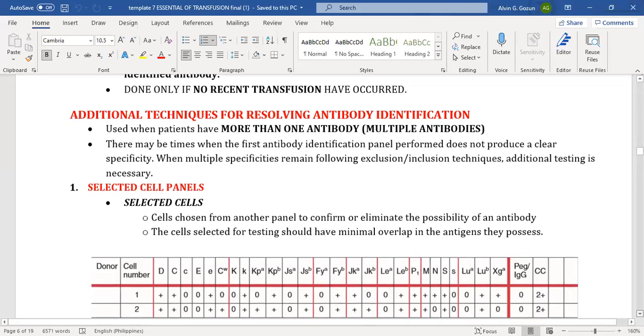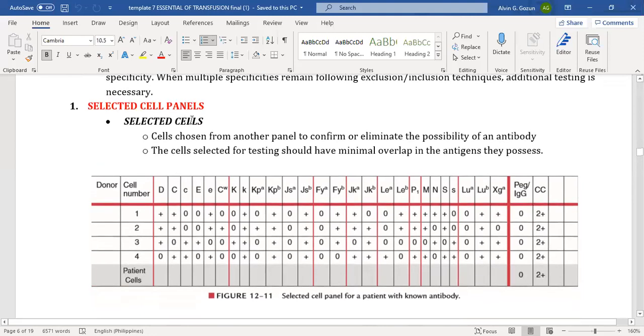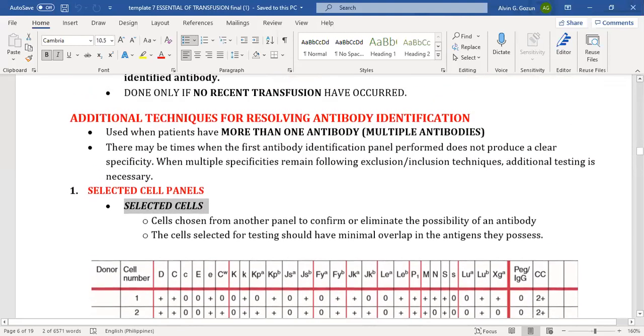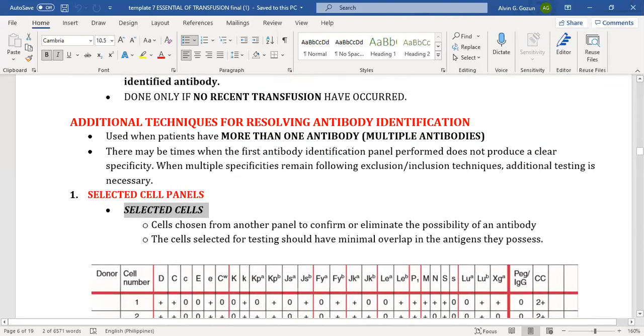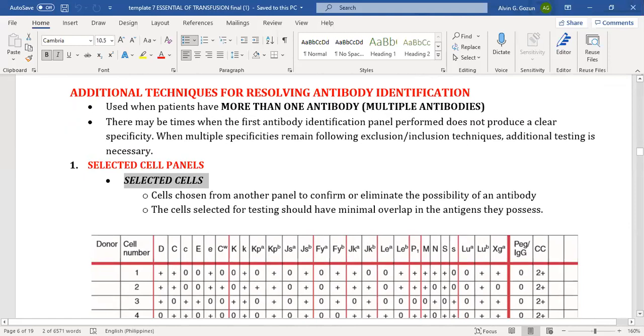So ano yung number 1? Selected cell panels, okay? Ano tong selected cell panels? Ibig sabihin guys, we should select cells. Ito yung mga additional techniques para mas ma-resolve pa natin ang antibody identification. Kailan tayo mag-add ng technique? When yung sa initial identification natin, sobrang dami ng antibodies.